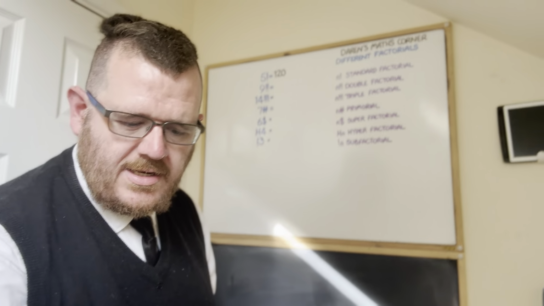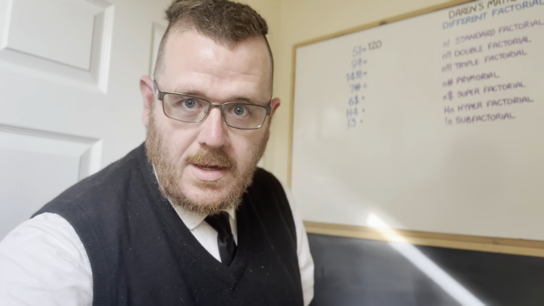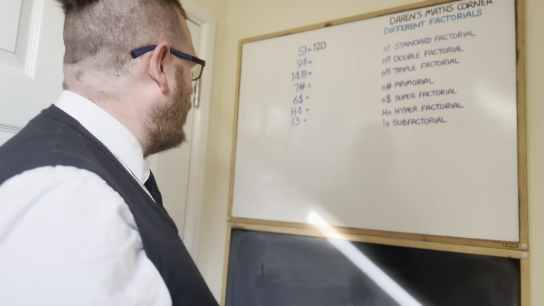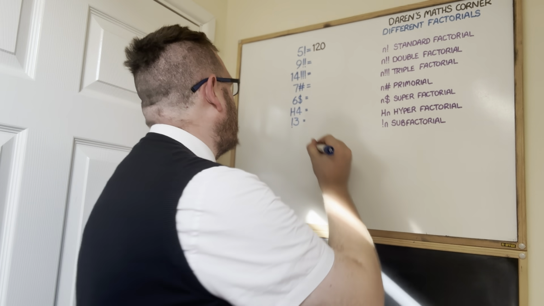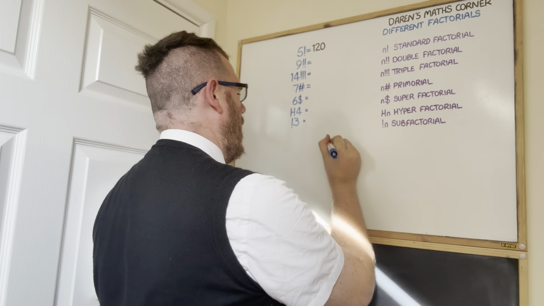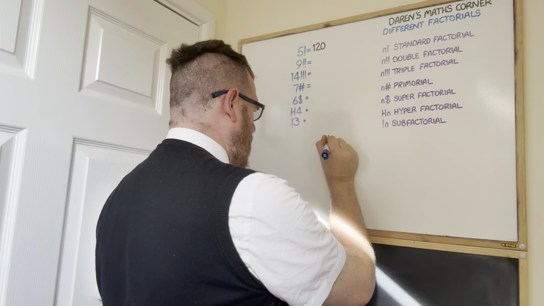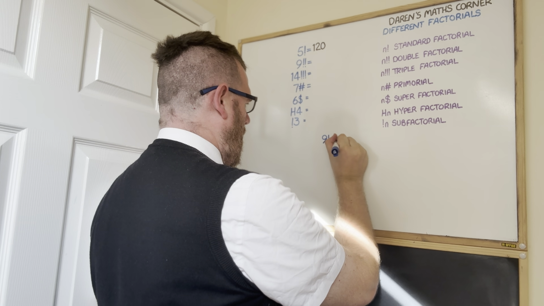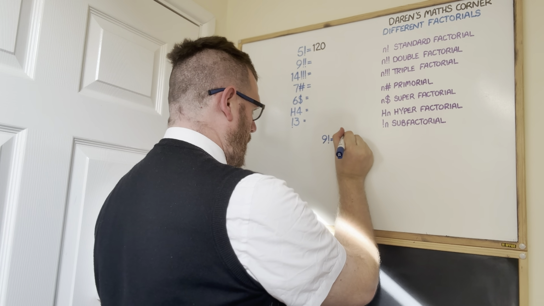Okay, so the next thing we want to look at is a double factorial, where you see 2 exclamation marks after a number. So we've got 9 double factorial, but before we do that, let me just do a standard factorial of 9, and then you get to see what happens when you do a double.